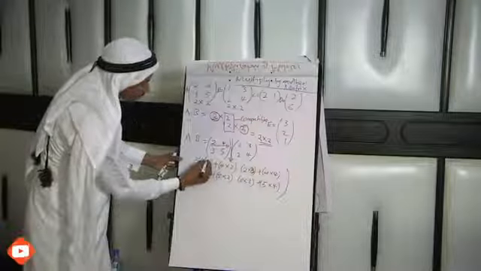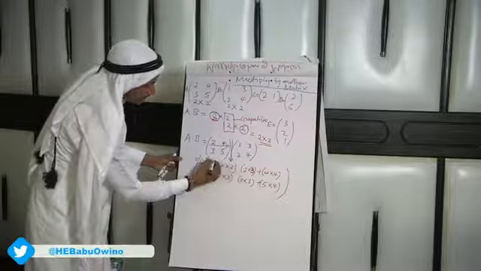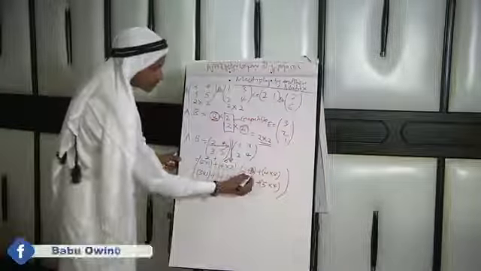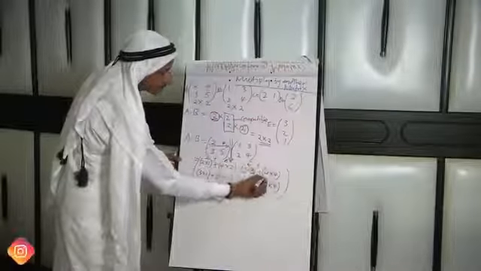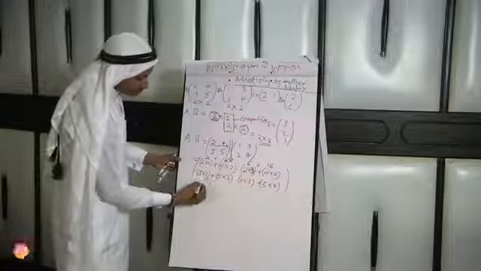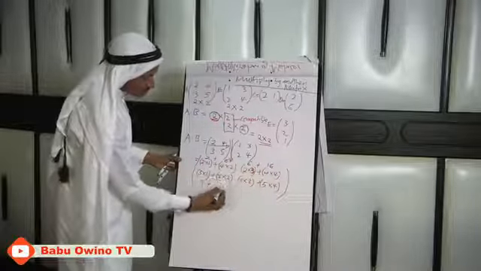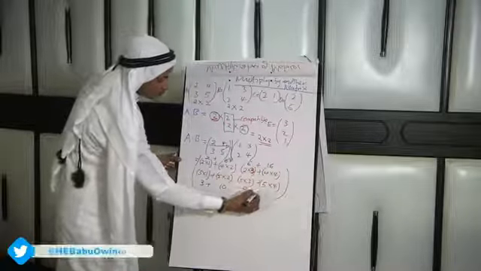So when you open this up, 2 times 1 is 2, plus 4 times 2 is 8, then 2 times 3 is 6, plus 4 times 4 is 16, then 3 times 1 is 3, plus 5 times 2 is 10, 3 times 3 is 9, plus 5 times 4 is 20.